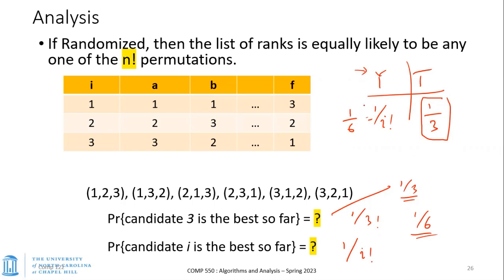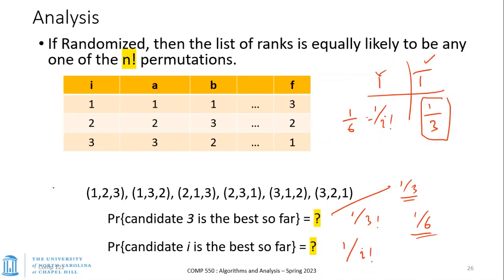Okay, got it. A lot of people seem to be agreeing with Thomas. Yes. No, all we're saying is that you have 3 candidates. What is the probability that the third candidate is the best so far?